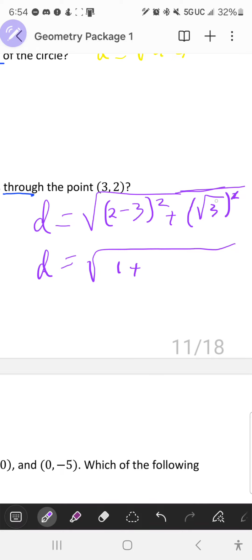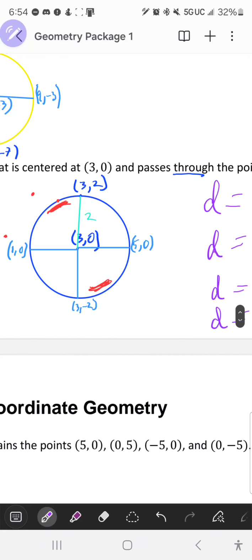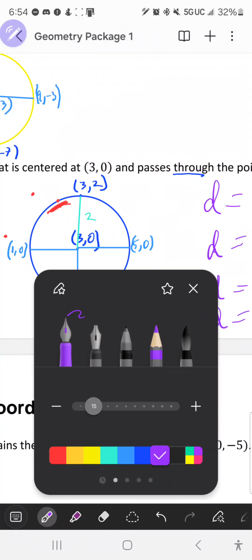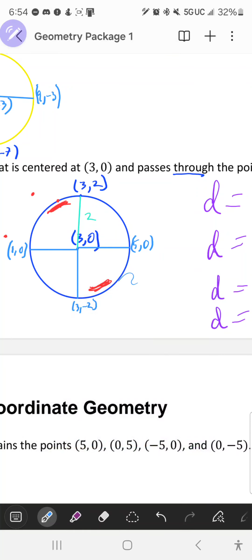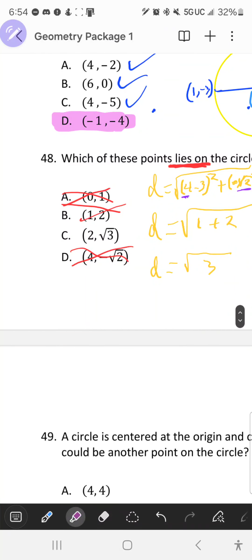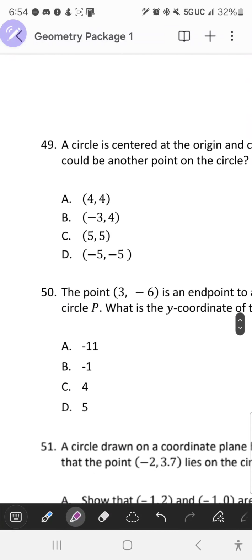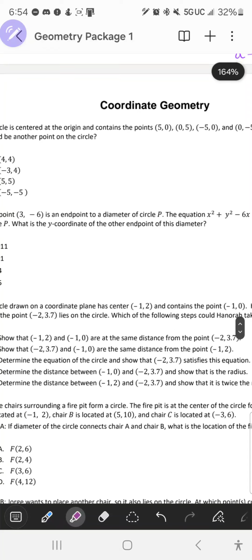And now we cancel the 2 with the square root and we get 3, so D equals square root of 4. And D equals 2. And now as you can see, it is the same as the radius that the circle has. So we know that it is over here and it does lie on the circle. So our answer is C.